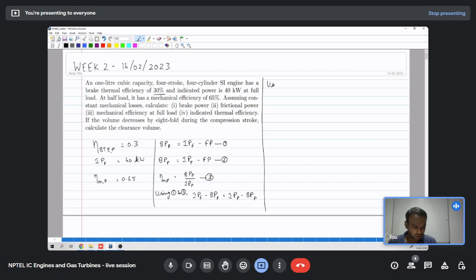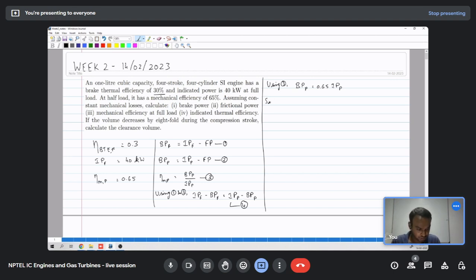Now using equation 3, mechanical efficiency is given as 0.65, so brake power at part load is equal to 0.65 times the indicated power at part load. So we can substitute this in the equation. I write this as equation 4.